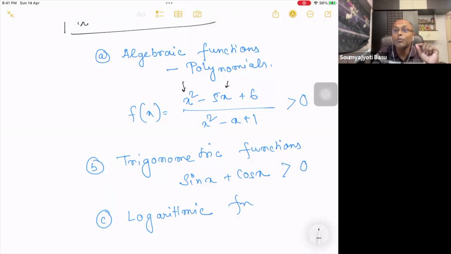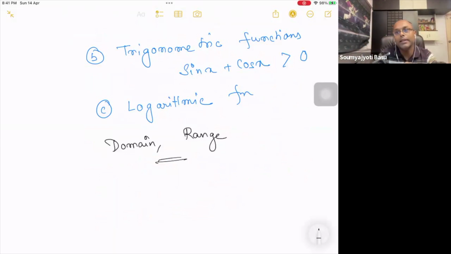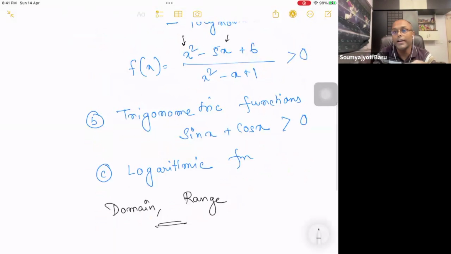For example, you may be asked to find out the domain of a function, the range of a function, and those problems. So domain, range of a function, those problems are actually an extension of inequality. So you need to have a good grasp of inequality of this type to find out the domain and range of a function.